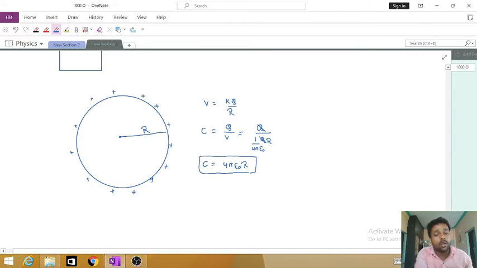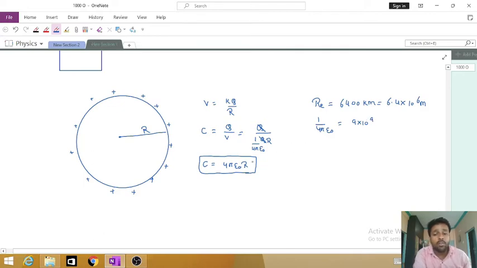Suppose we want to get the capacitance of the earth. We know the radius of the earth is 6400 kilometer, which can be written as 6.4 into 10 power 6 meter. And we already know 1 upon 4 pi epsilon naught is equal to 9 into 10 power 9.